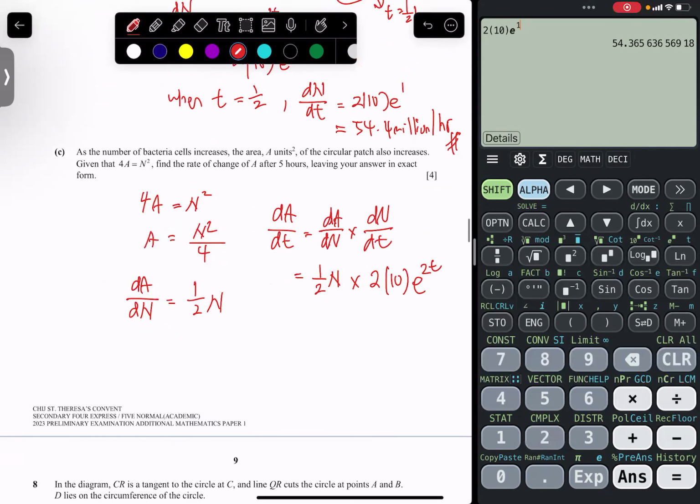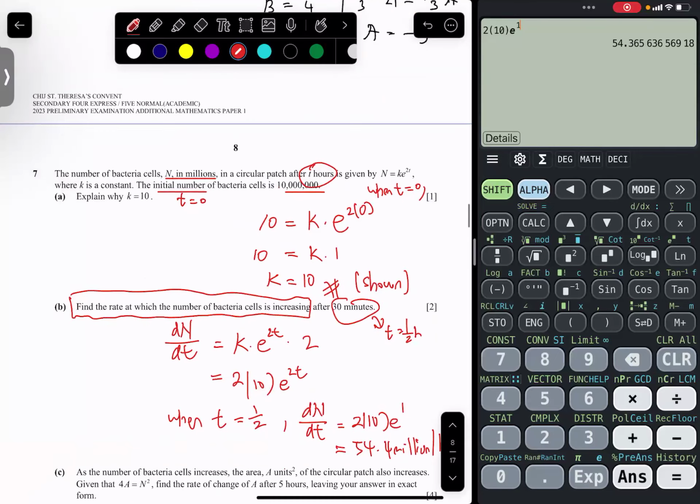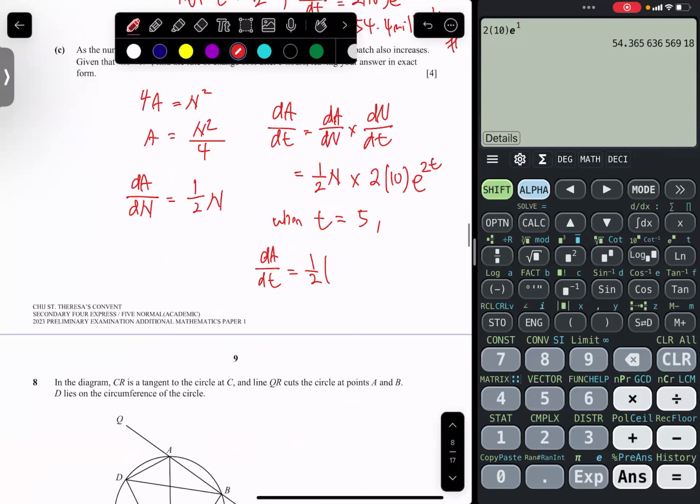Then we want to find when t equals 5. dA/dt equals half times N, which is 10 e to the 2t, times 2 times 10 e to the 2t. Since they are all multiplicative, half and 2 can cancel off.